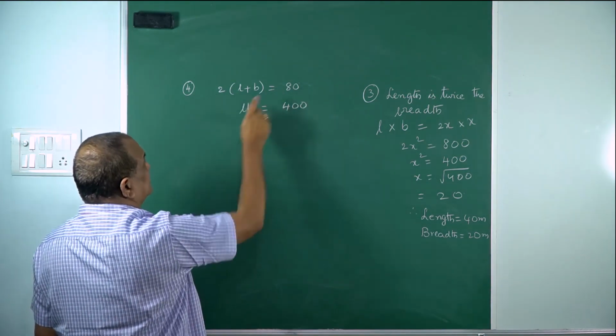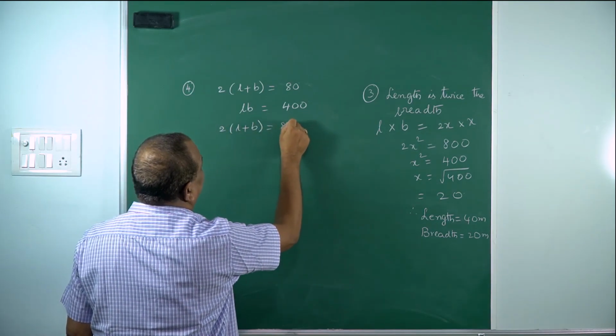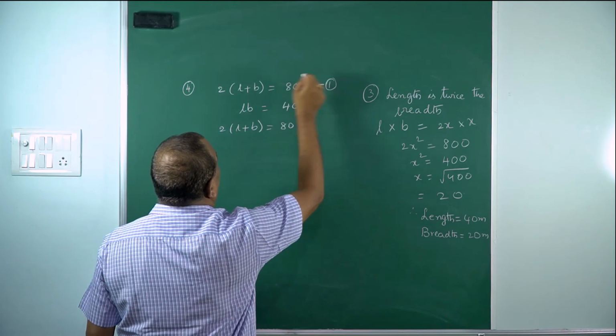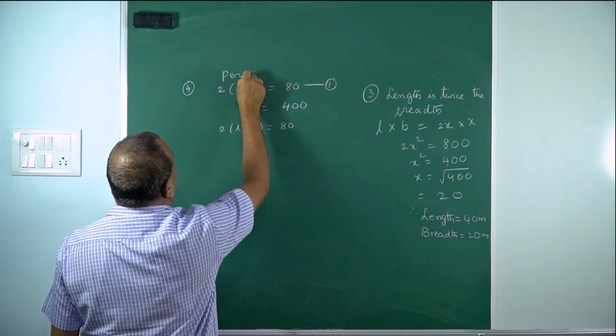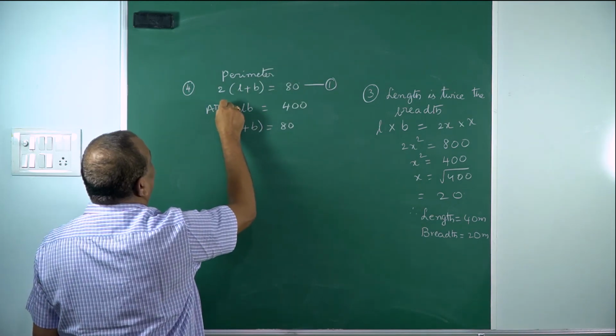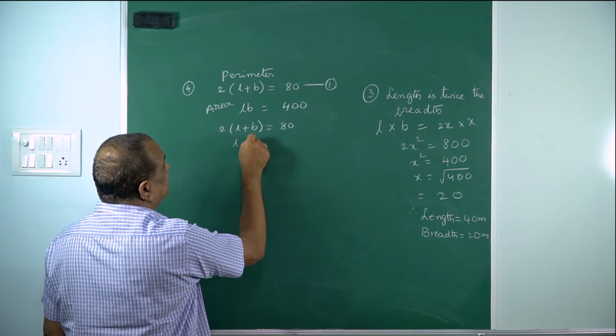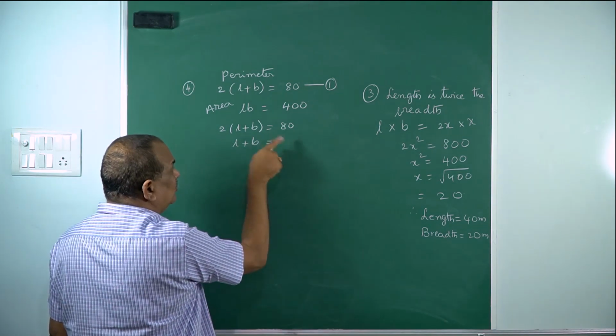So I take the first one: 2 times (L plus B) is equal to 80, because this is the perimeter, 80. And this is the area, length into breadth. And come on, what is L plus B? 80 by 2, 40.